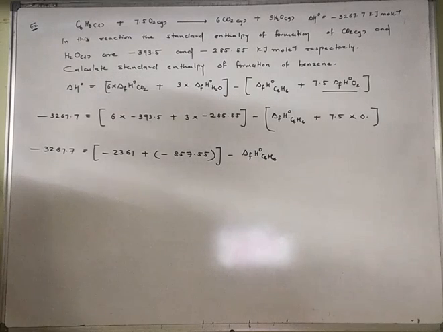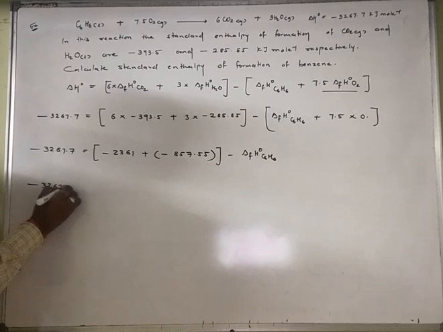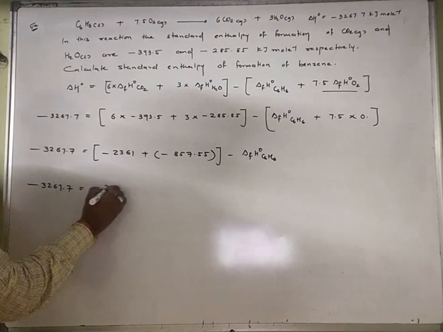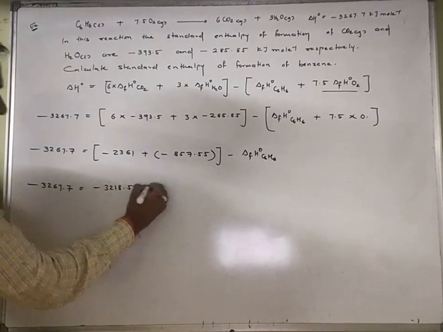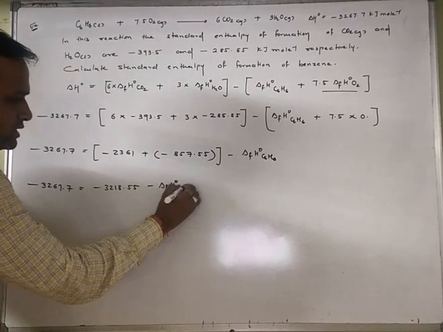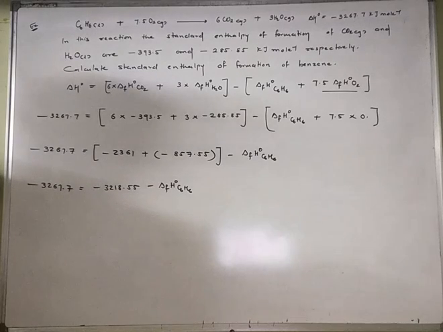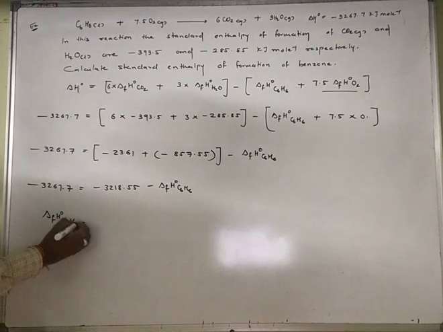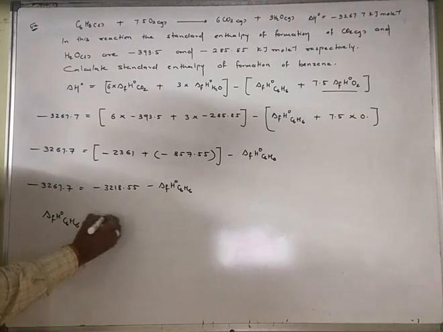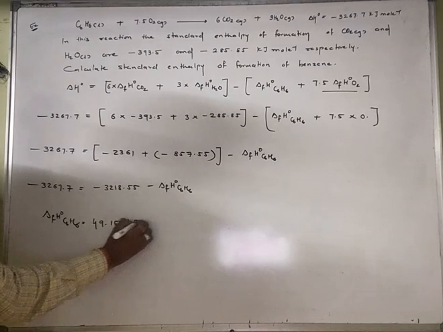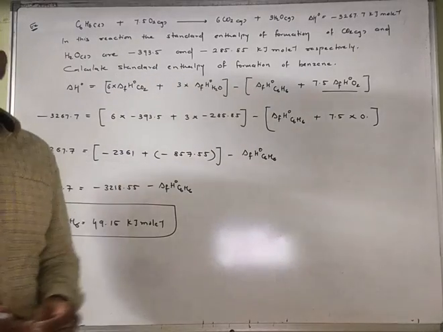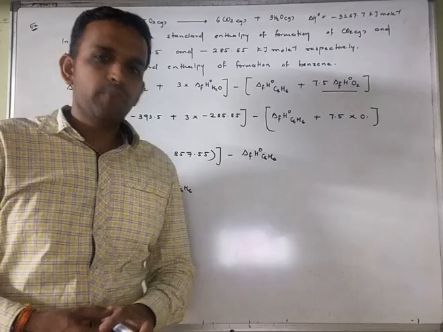So now you can get minus 3267.7 equals to minus 3218.55 minus delta FH0 C6H6. Understand? And the final answer, delta FH0 C6H6, equals 49.15 kilojoule per mole. Understand? So this is how you can find out the formation enthalpy of benzene. Note down below.